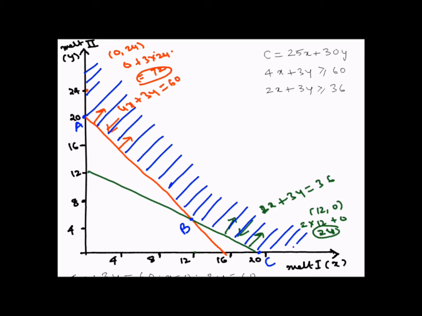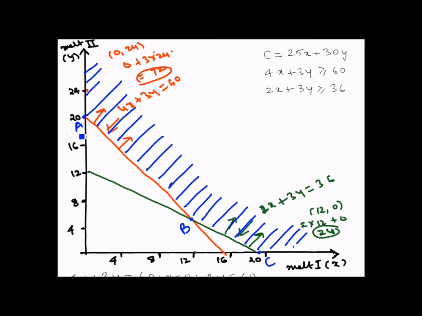So in this case we have three edges, that is A, B and C. So if we can identify the coordinates of these points, then we can use these coordinates to solve the equation C is equal to 25x plus 30y to find the value of C. The coordinate which gives the minimum value of C would be the optimal solution.